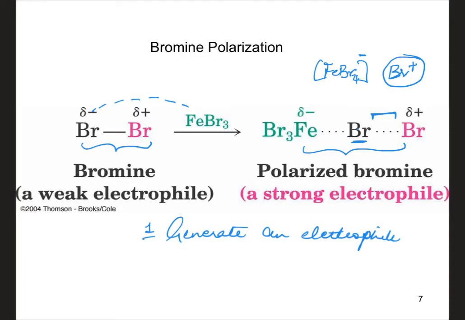And when that happens, it's going to cause the formation of a much stronger electrophile, which is then going to be attacked by your benzene ring for furthering the reaction.